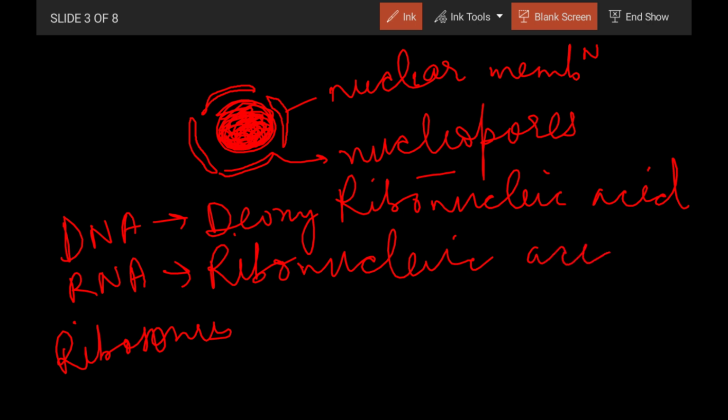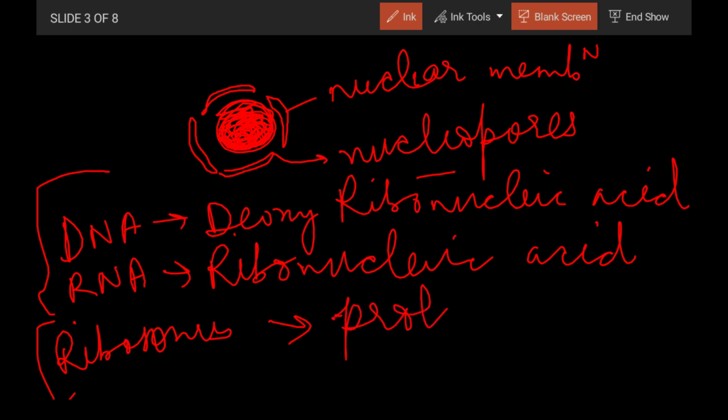If somebody asks you what is the nature of heredity information in you, it is of a chemical nature, in the form of chemicals, and these chemicals are your DNA, RNA, and proteins. Ribosomes are the protein factories. As the name indicates, here protein gets synthesized. It is the factory of protein. So this is your nucleus.